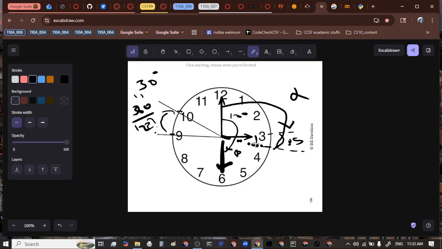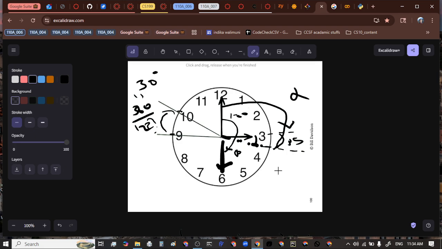Yeah, modulo 30, right? Because all of these are 30, 30, 30, 30, 30. 12 30 is there. So we need to find this rest. Let me take it back. So 3 means there are 3 30s, whole 3 30s, 3 o'clock.